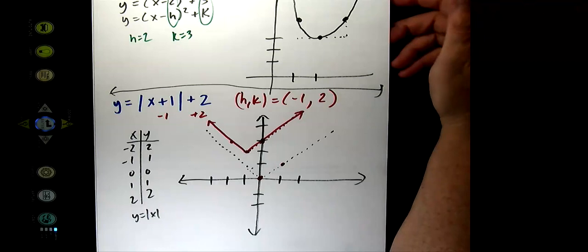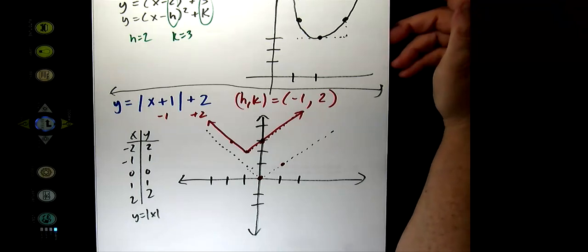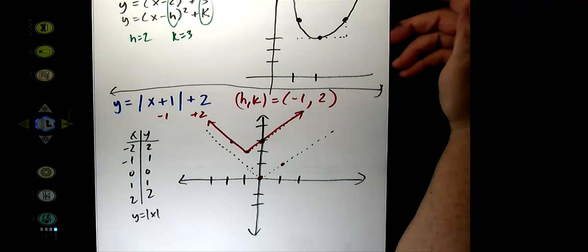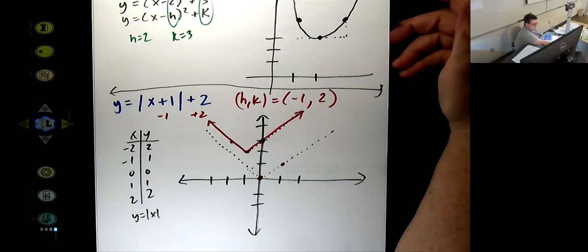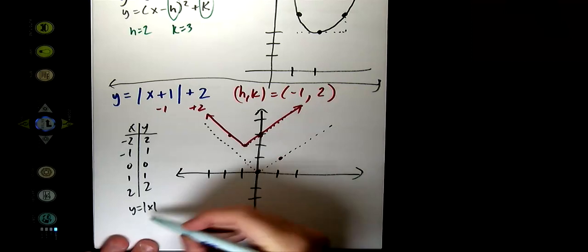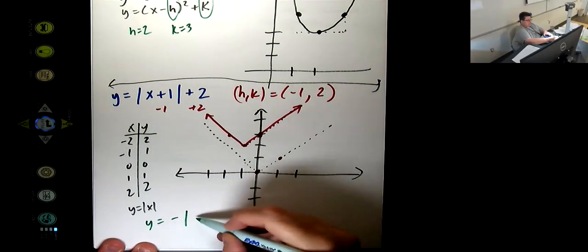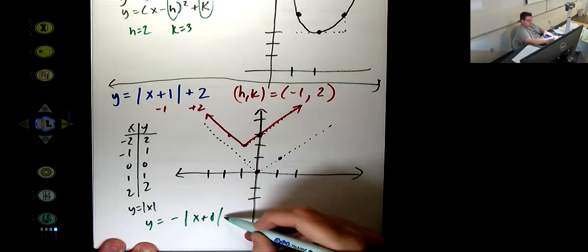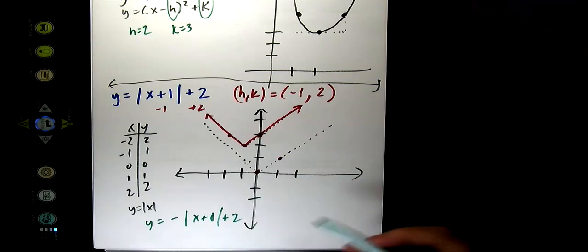Yeah, I just have a question. If there's a negative sign outside of the absolute value, it should reflect it over the x-axis, right? It kind of reflects it from where its position is. Let's just see what happens.